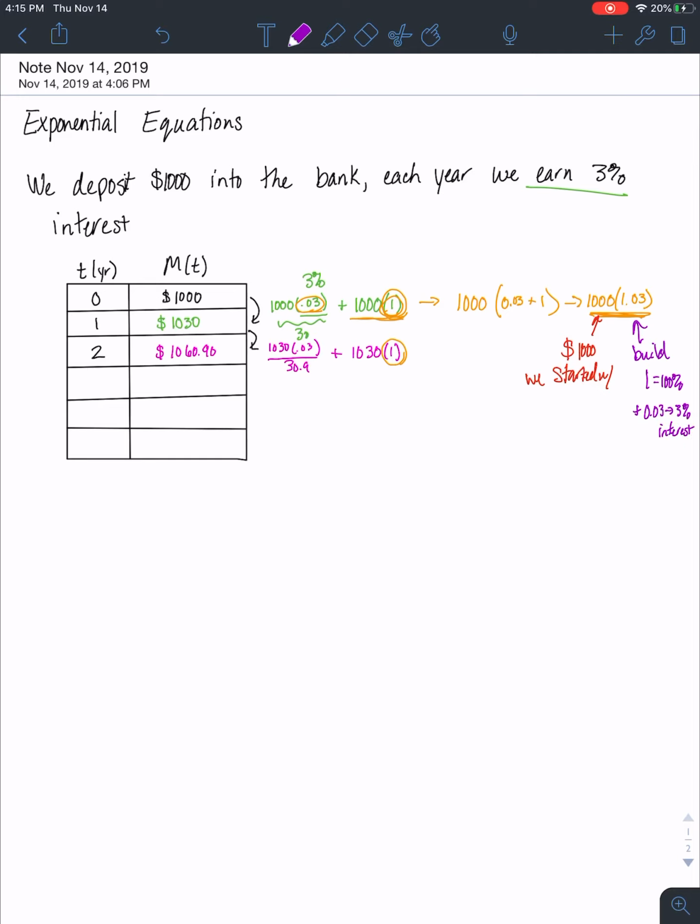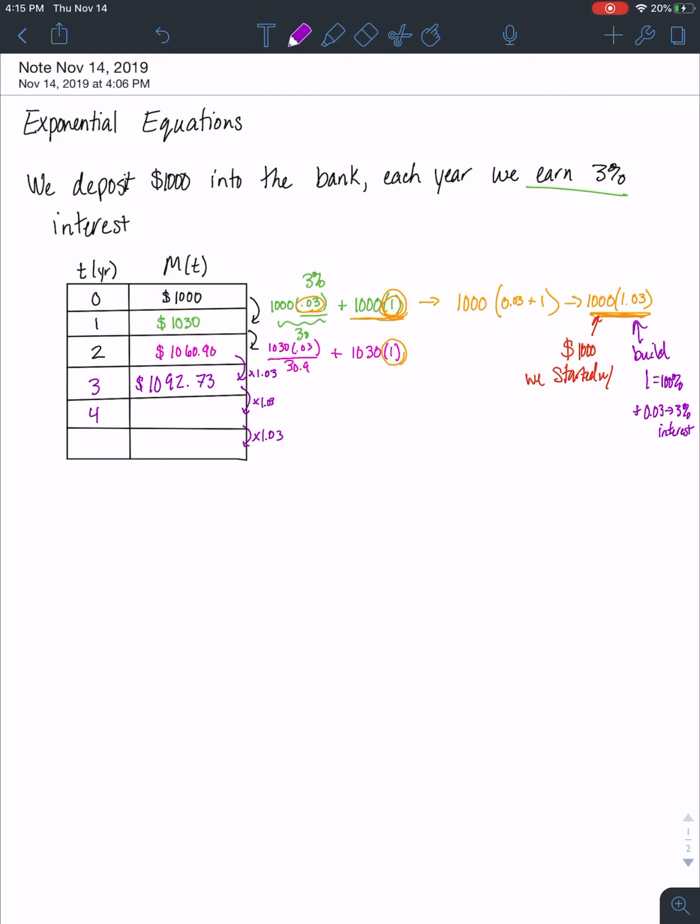So now I can keep going in this way, and every time, instead of doing this in 2 steps, I can just multiply by 1.03 every single time to get my next 3 numbers. So let me do those out really quickly. If I do 1,060.9 times 1.03, I get $1,092.73 for year 3.